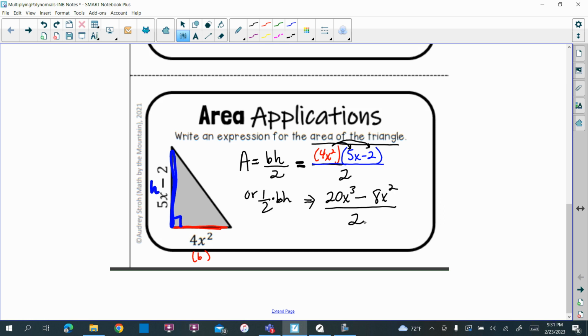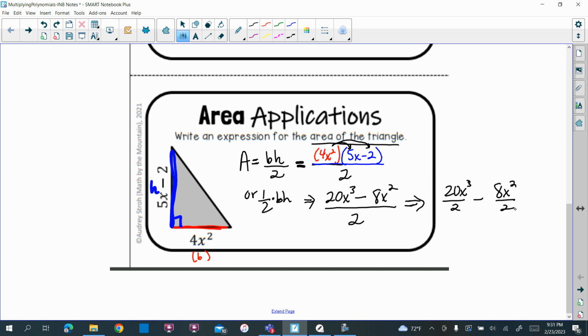So when I'm taking half of this, I'm taking half of each term. And so another way of looking at this, I'm just going to show you another way to write this. And I'm going to actually come over to the side here so I have more room. But I'm doing 20x to the third power and divide that term by 2. And then I have minus 8x squared divided by 2.